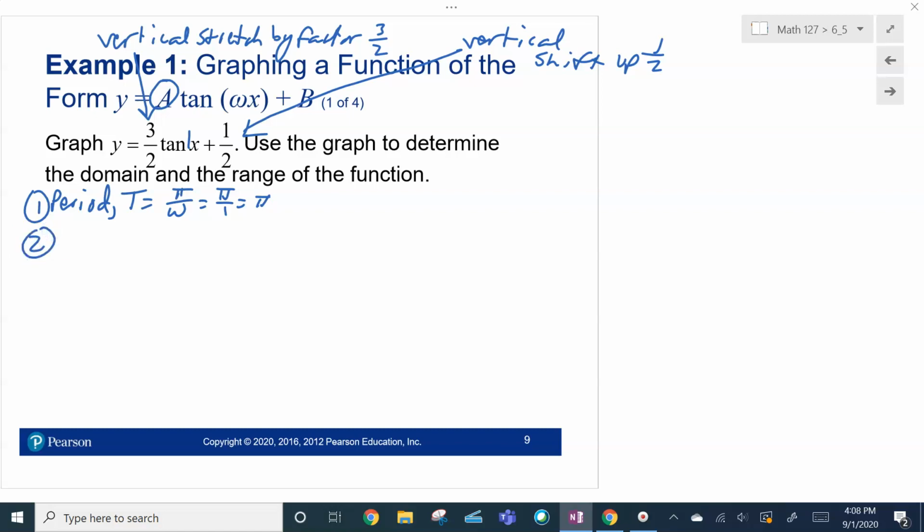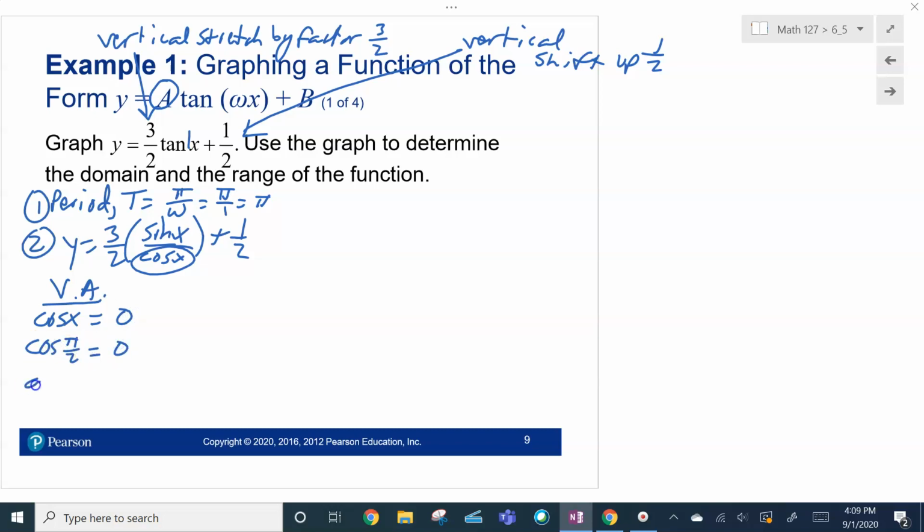Now let's think about our vertical asymptote for a minute. This is 3/2, and this is tangent, so sine over cosine, plus a half. So our vertical asymptote would be, where is this thing undefined? Well, wherever the cosine is 0. We know the cosine at pi halves is 0. We know the cosine at 3 pi halves is 0. We know the cosine at 5 pi halves is 0, and so on.